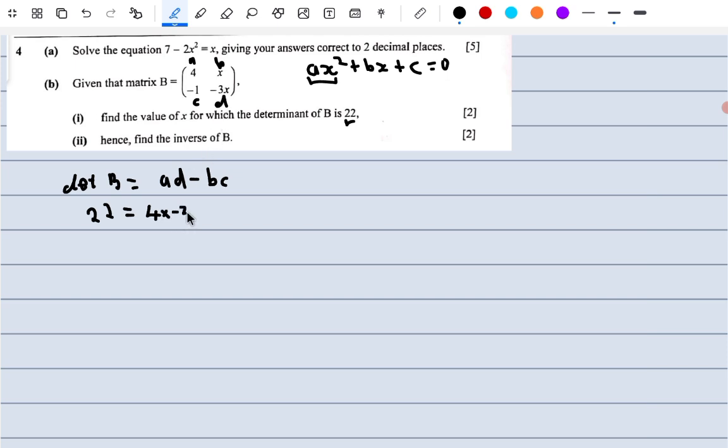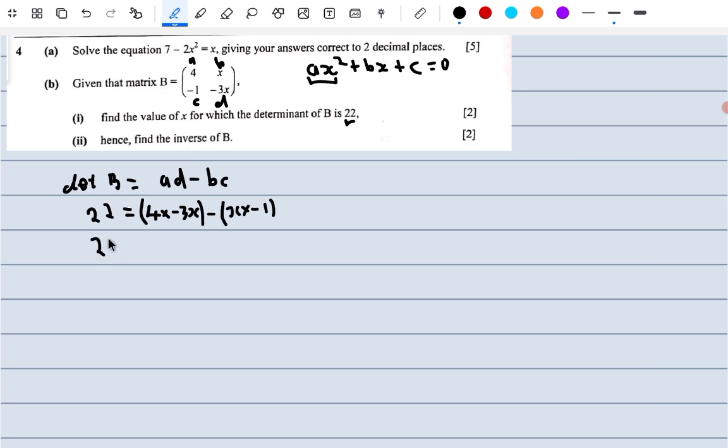Negative 3x. Minus B, that is x, times C, that is negative 1.